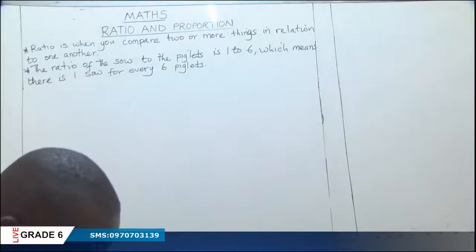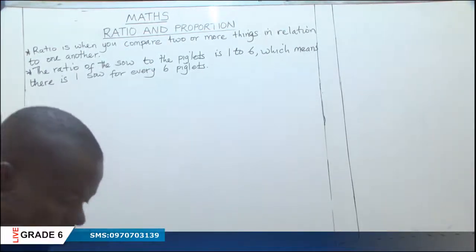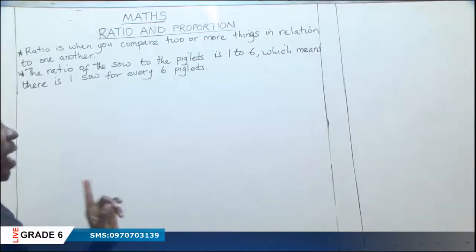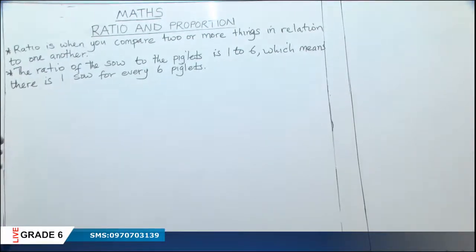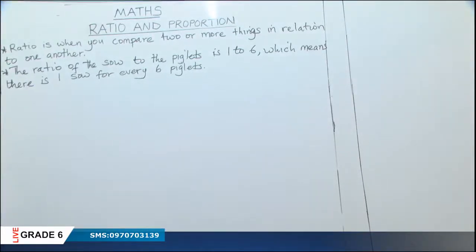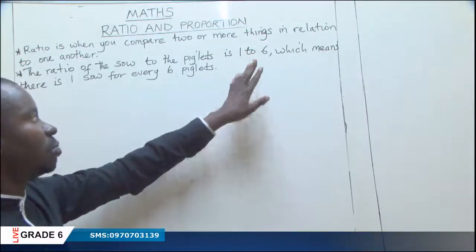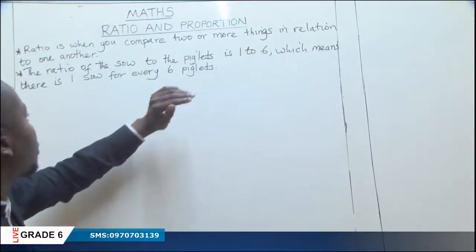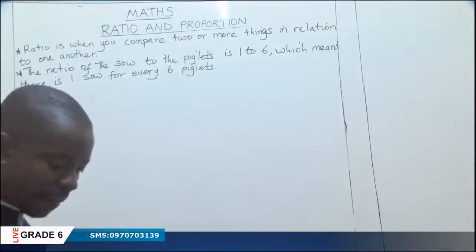For one sow there are 6 piglets. For another sow there are 6 piglets. So, for example, if we have 2 sows, it means we are going to have 12 piglets. But for now, since we have one sow, one sow is equal to 6 piglets.